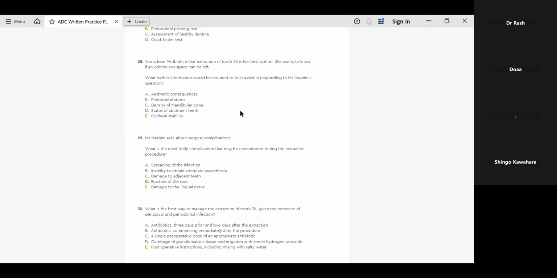Question 30, why not C? Because there is an infection. So if there's an infection, that means that you give them surgical prophylactic antibiotic. Is that an indication according to TG? Every tooth that has an infection should be given surgical antibiotic prophylaxis? No, right?